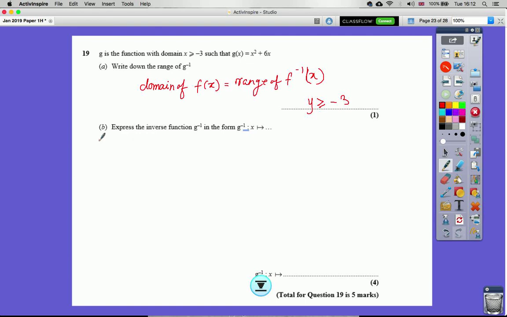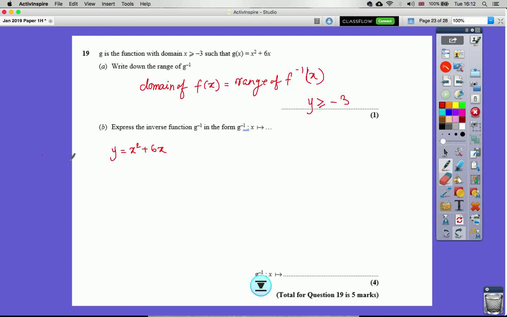So what we need to do, we are going to first write down y is equal to x squared plus 6x. Okay, so now I'm going to change the y's into x and x's into y. So I'm going to write x is equal to y squared plus 6y, and I want to make y the subject. But before doing that, I'm going to do one more thing.